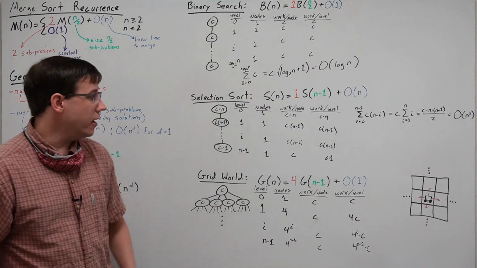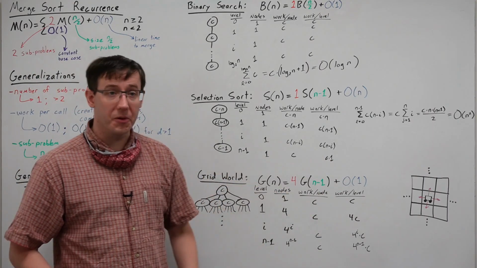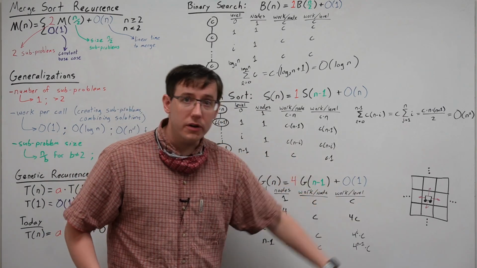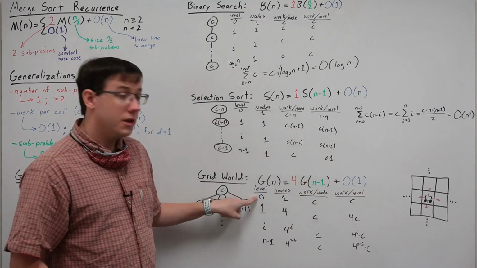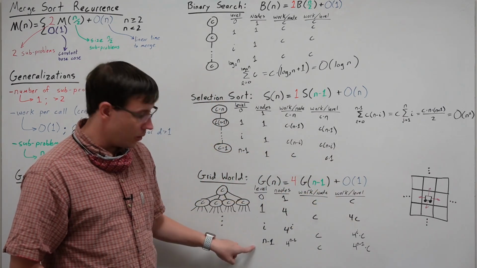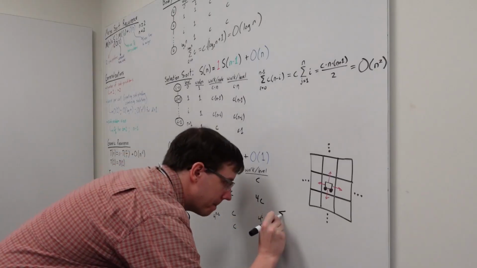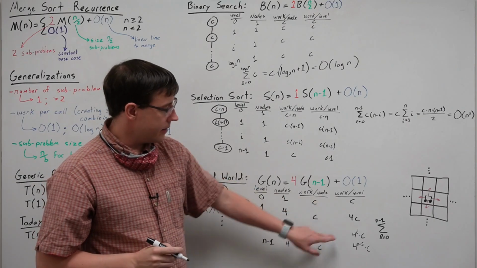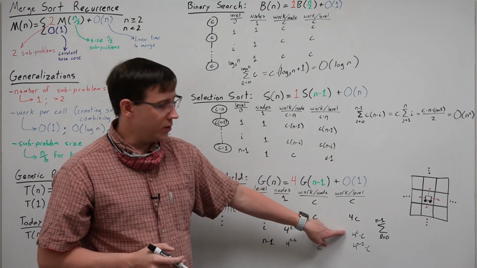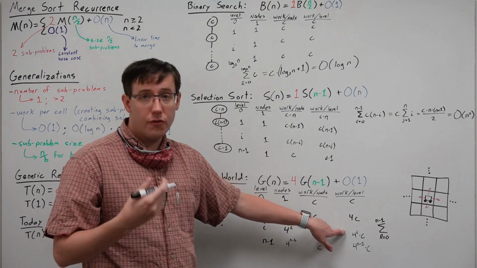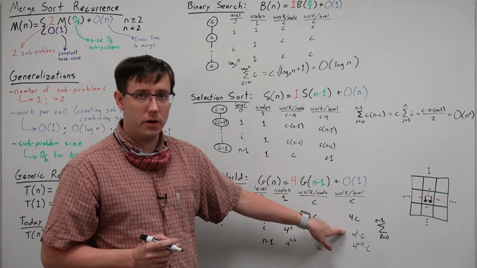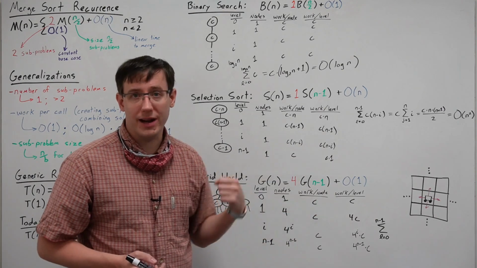Now to find the overall running time of the algorithm, we add up the work done on every level. So our sum will go from 0 to n-1. And on level l, we will do c times 4 to the l total work. We can factor out the c.